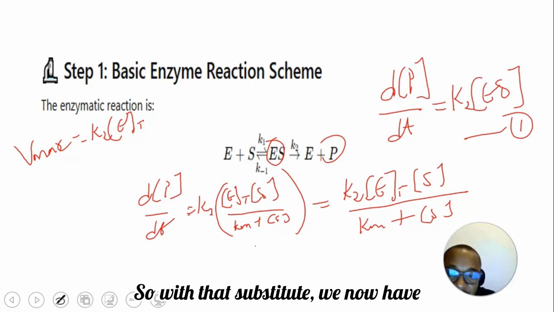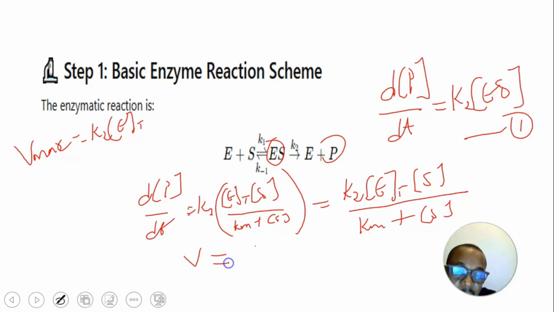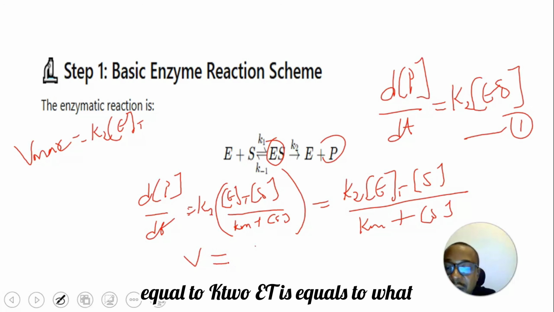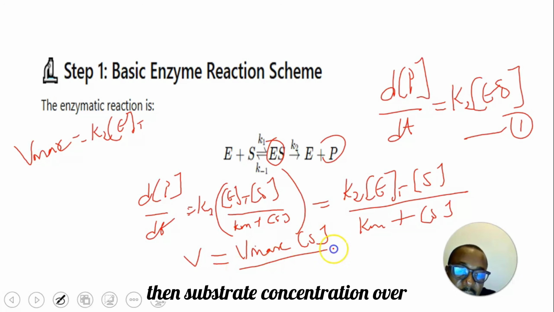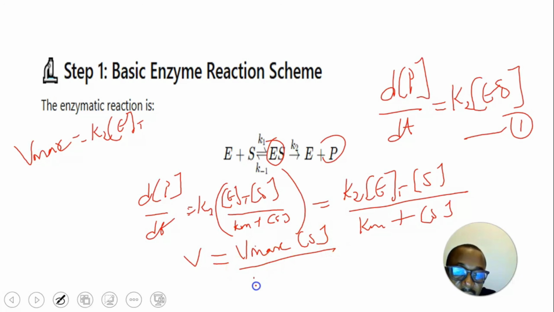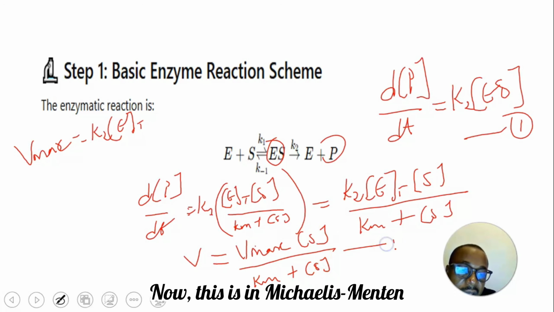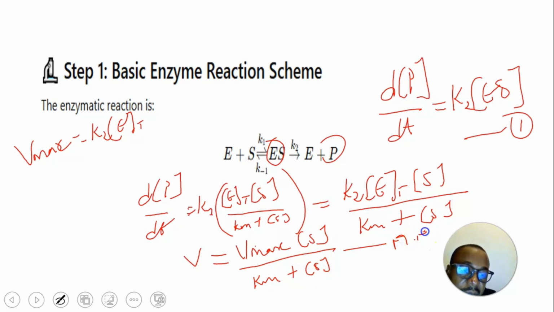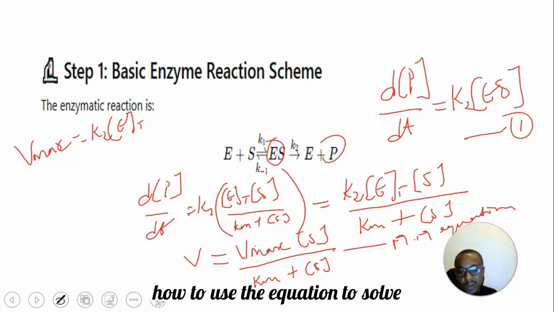With that substitution, remember, the change in P over dt is the velocity of a reaction, V, equal to K2 ET, which is Vmax, times substrate concentration over Km plus substrate concentration. This is the Michaelis-Menten equation.